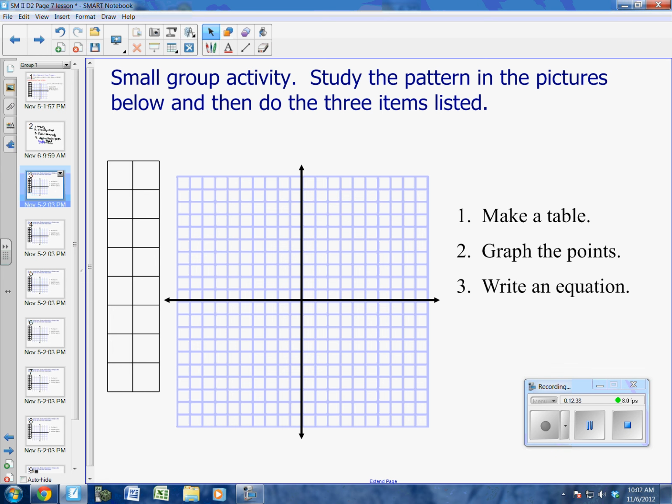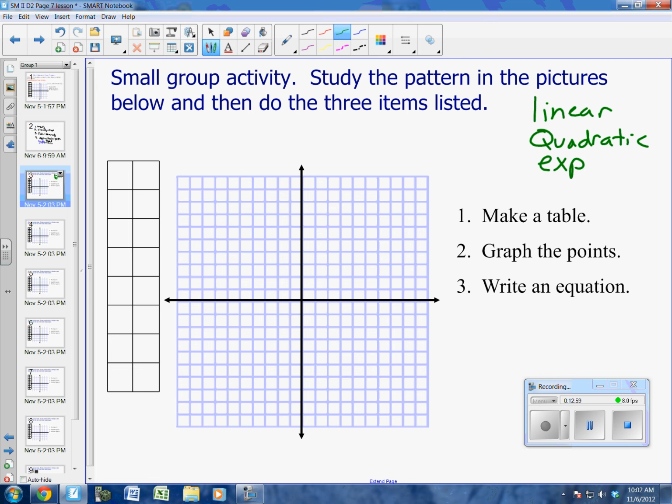Then you're going to make a table that describes that pattern numerically. Then you're going to graph the points on a graph, and look at that graph and decide whether this is a linear function, a quadratic, or an exponential.